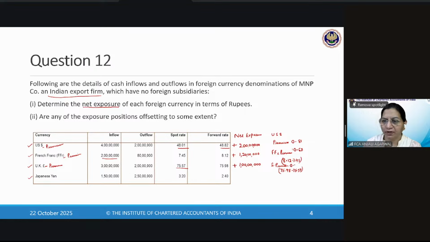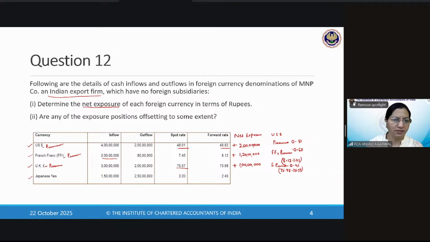So 0.41. So ultimately, in all the three, the net exposure of receivables has been to some extent offset because of the increase in the price of the currency in which you had the receivables. So the currency is at premium, which has given you a benefit.